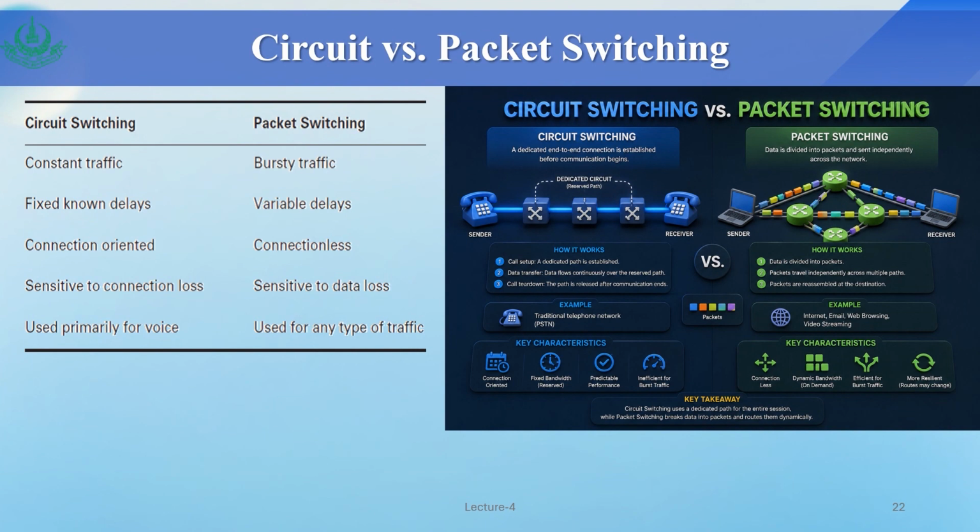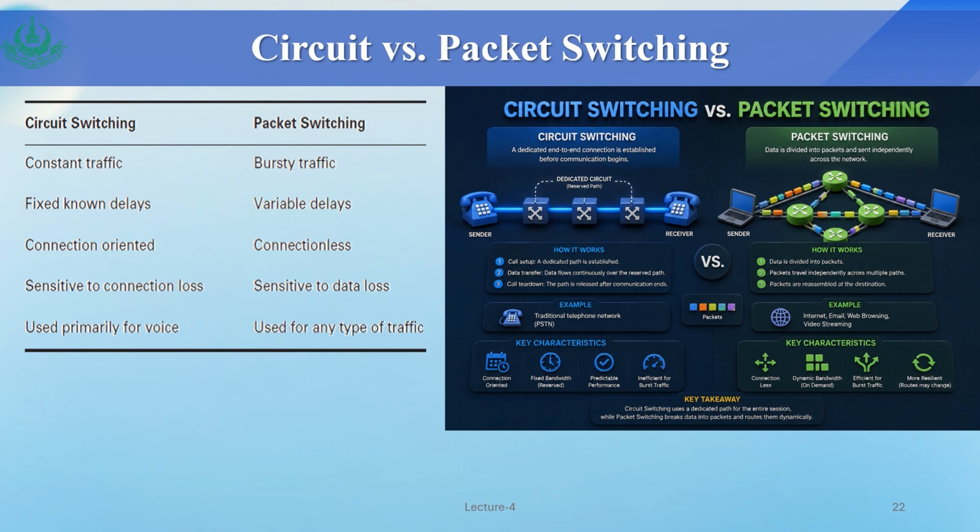Circuit switching has a fixed, known delay, while packet switching contains variable delays in packet receiving and sending. Circuit switching is connection-oriented switching, while packet switching is connectionless switching. After each packet, the connection is changed.